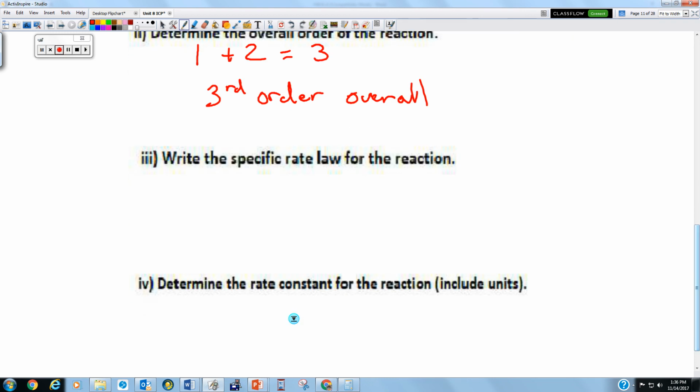All right, the specific rate equation. What exponent am I going to put on NO? 2. What exponent am I going to put on H2? 1. All right. So that's that.